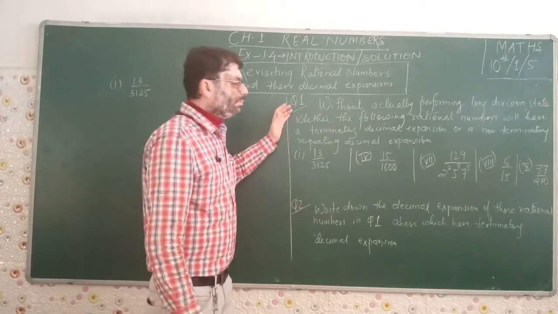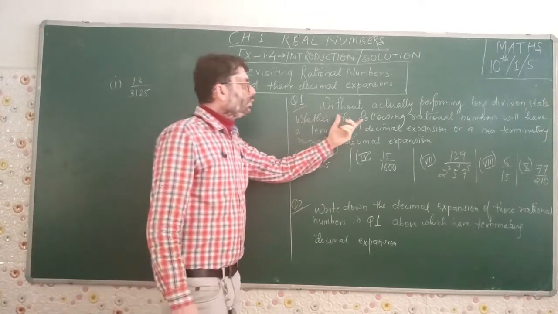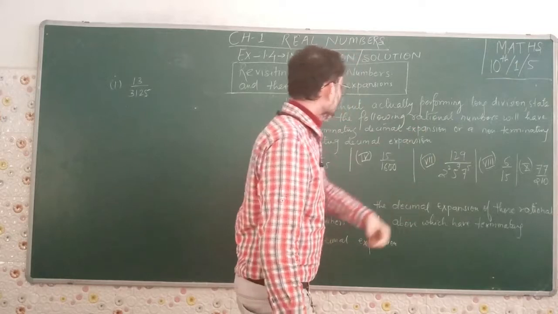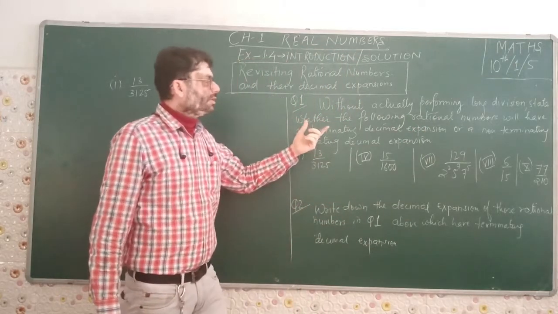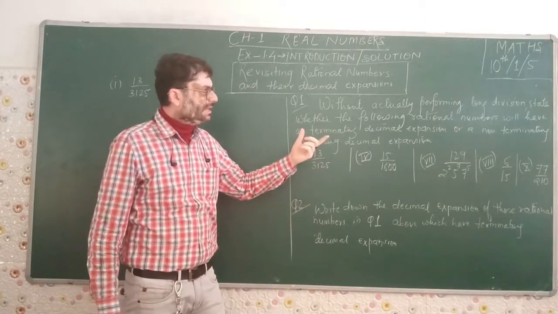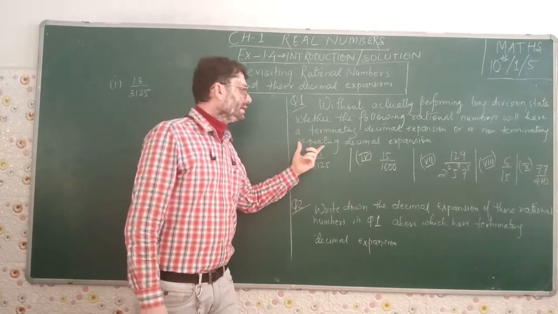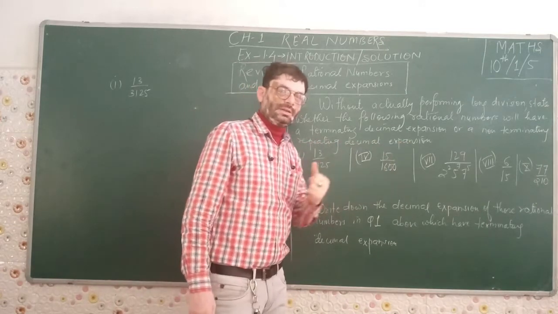Then exercise 1.4, question number 1. Without actually performing long division, state whether the following rational numbers will have a terminating decimal expansion or a non-terminating repeating decimal expansion.